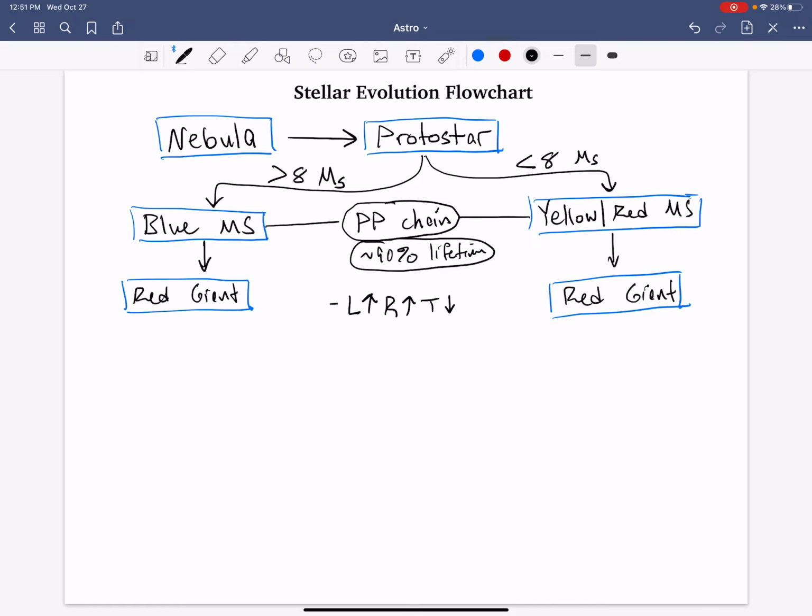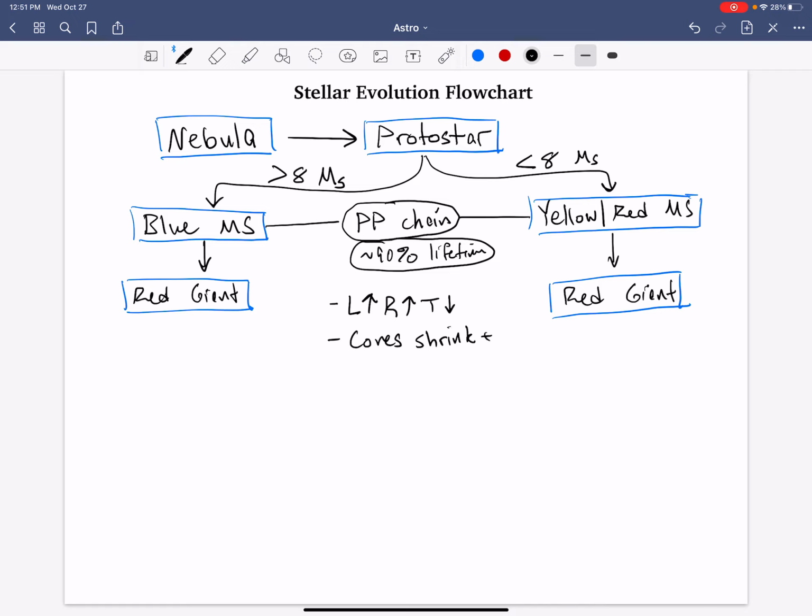The blue ones become more orange and red, and the yellow stars and red stars become even redder. Okay? Now, this is, again, of the surfaces. So this combination of properties is for the surface of the stars. What's happening inside, their cores are actually shrinking.